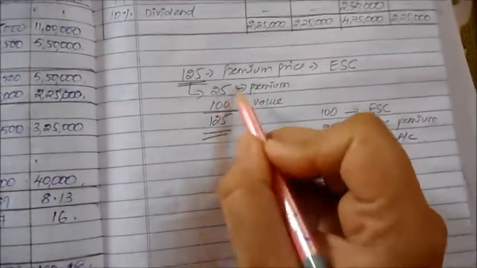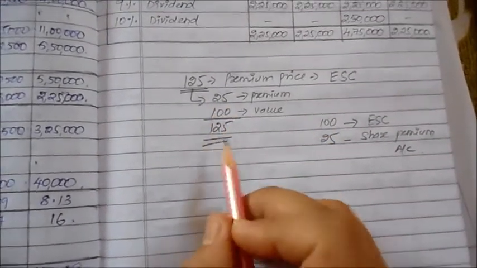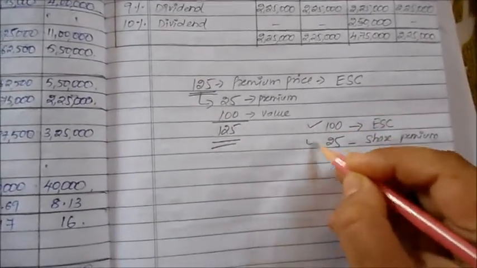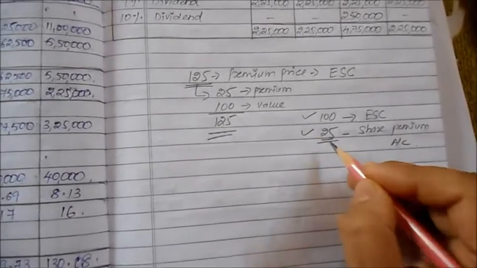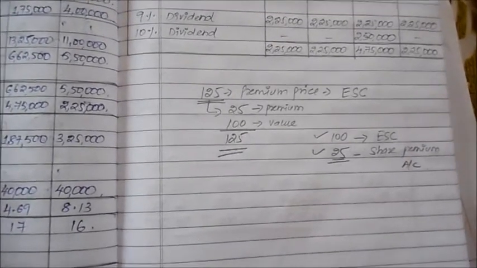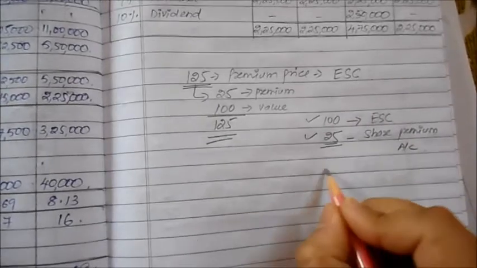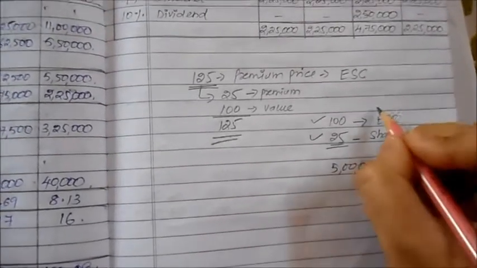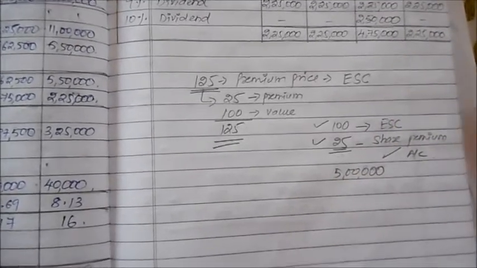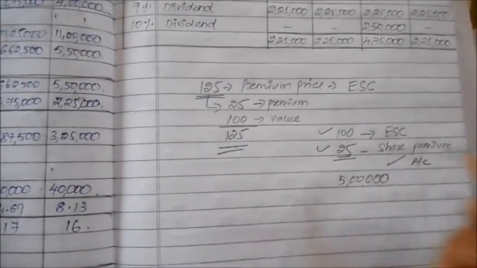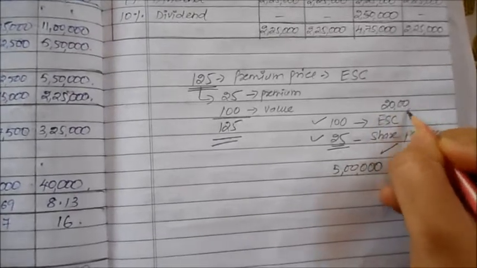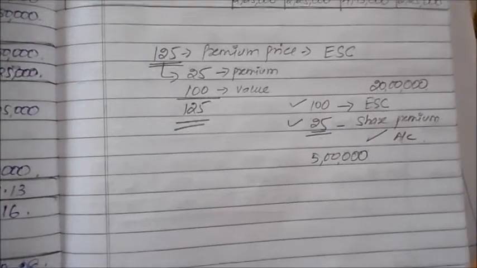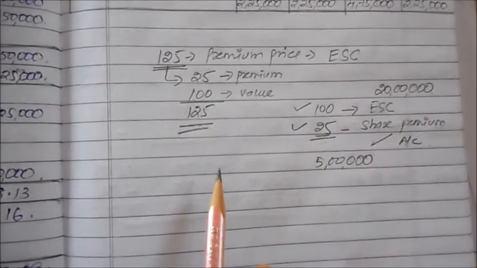Base value 100, premium value 25, we add it together. But what exactly goes in my calculation is, I will only take 100 and 25 value per share. So 25 into 20,000, 5 lakhs, is something which will go to your share premium account, and 100 into 20,000, 20 lakhs, will be used to calculate equity share capital. Okay, just understand this particular thing.